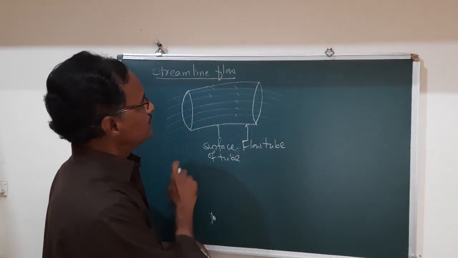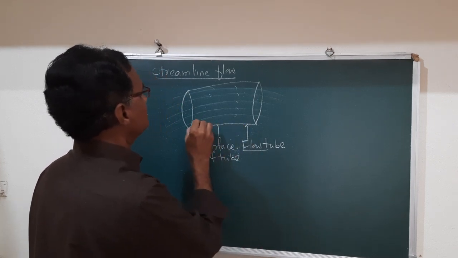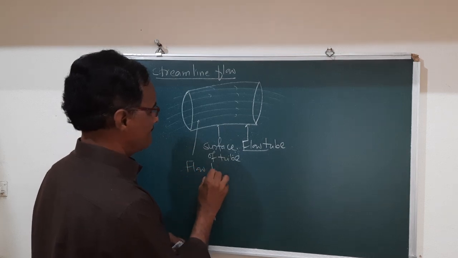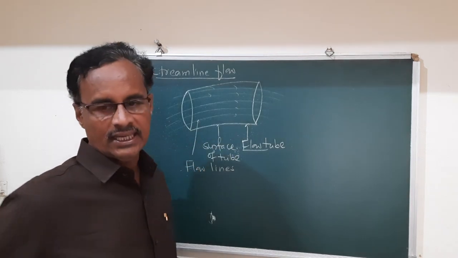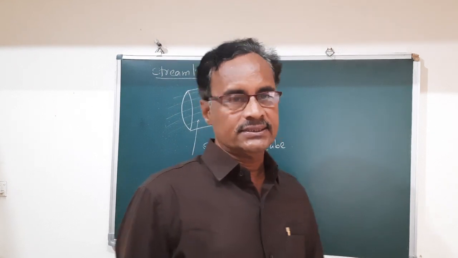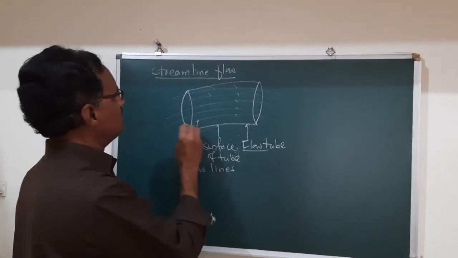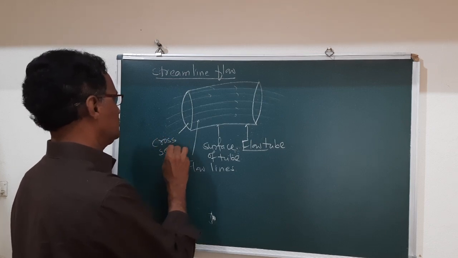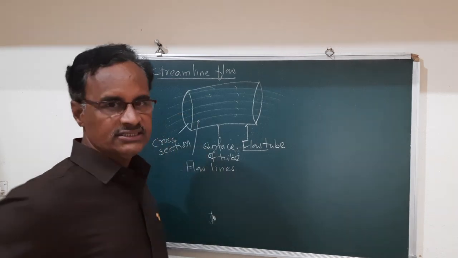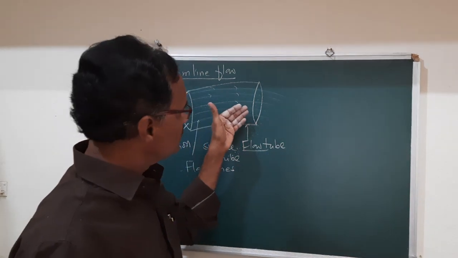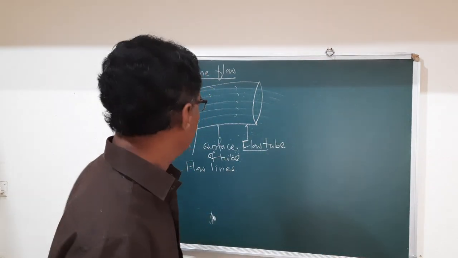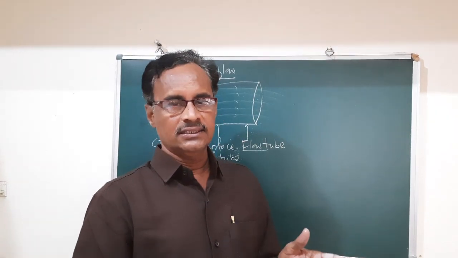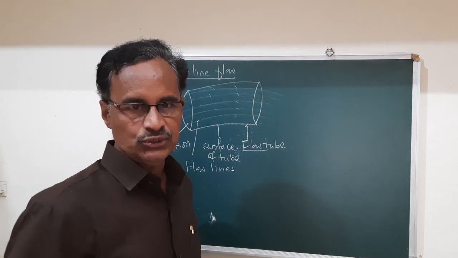Okay, now here these lines are called the flow lines. Now this flow is passing through the cross-sectional area, and it leaves out through the cross-section. Now we have to pass this fluid inside this tube.